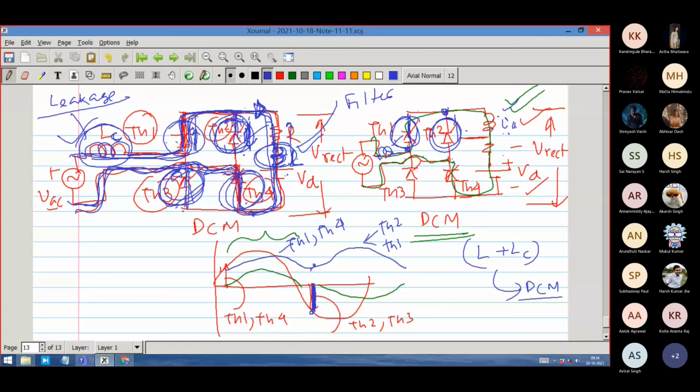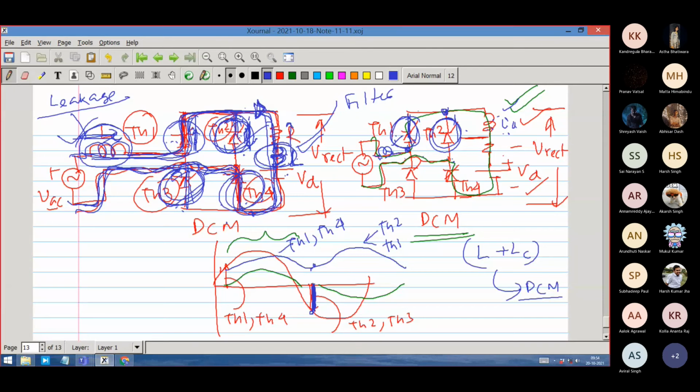But that is not happening in this situation, because this inductor also would like this current to be continuous. So thyristor 1 will not immediately turn off. Its current will not immediately die, and it will not pass its current to TH2. Whereas here it was doing it.